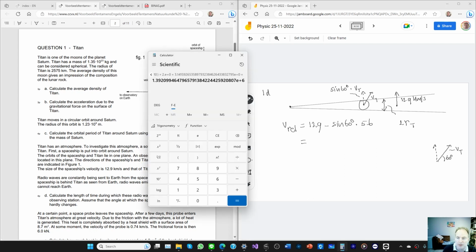So let's calculate that. 12.9 minus the sine of 60 times 5.6.